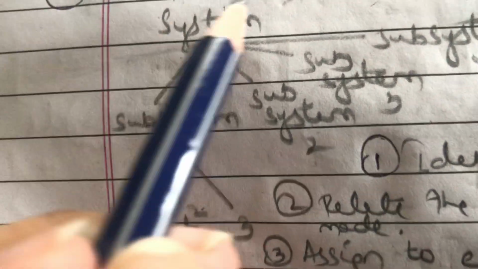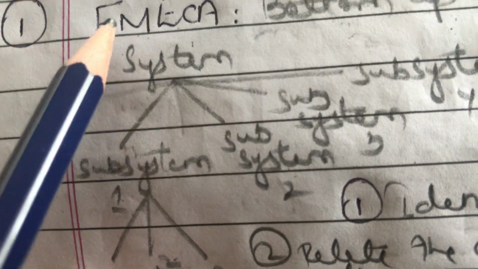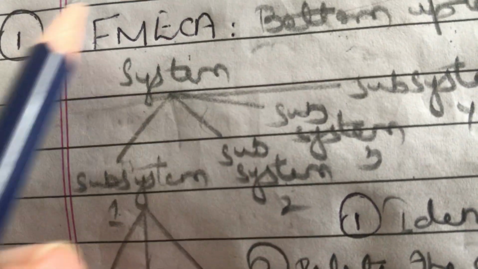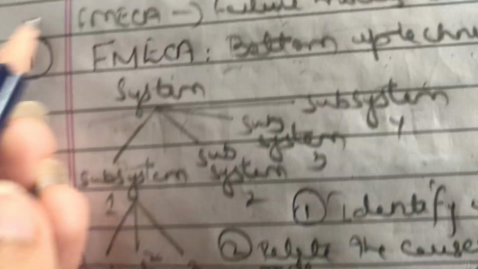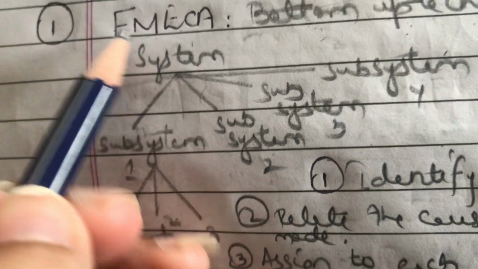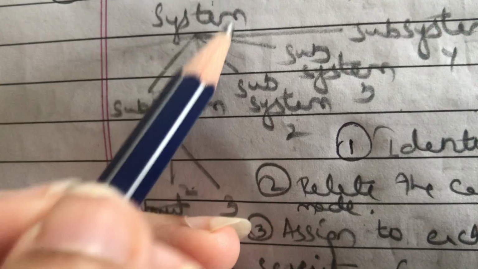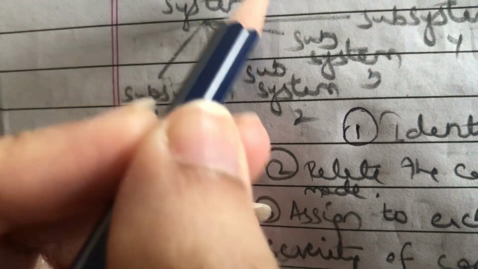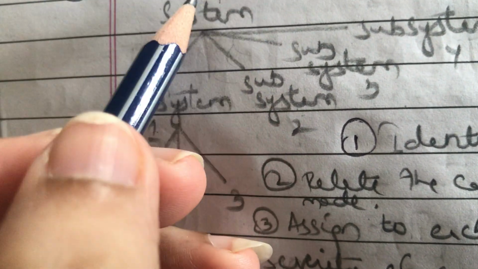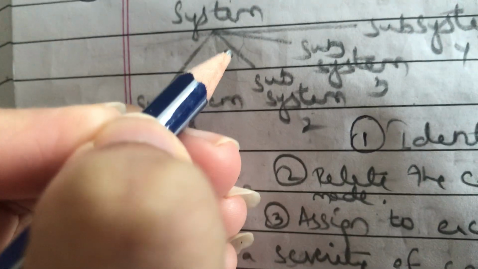We have a complete big system, and something is happening in that system. Take a little example of a room in which we have light, and the possibility of that light failing or not failing.